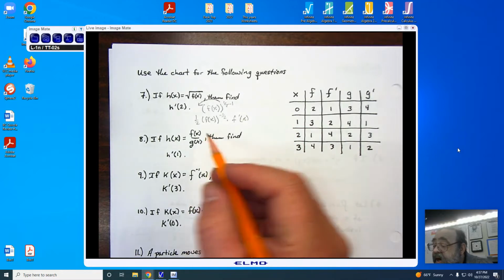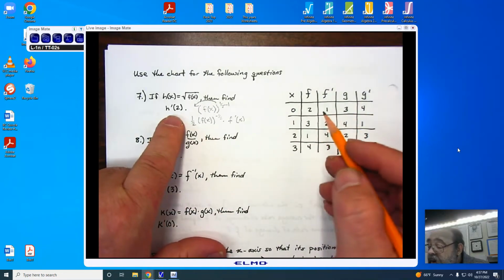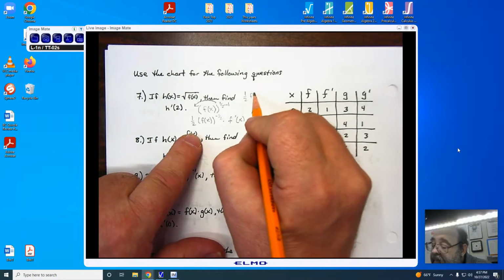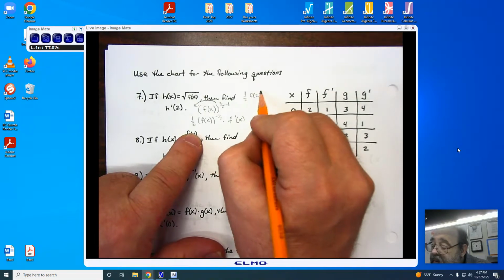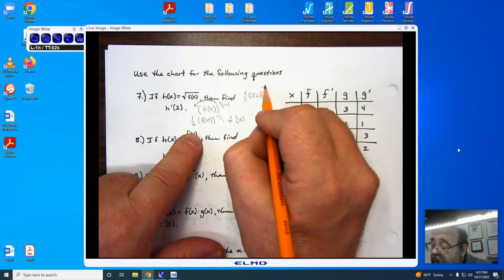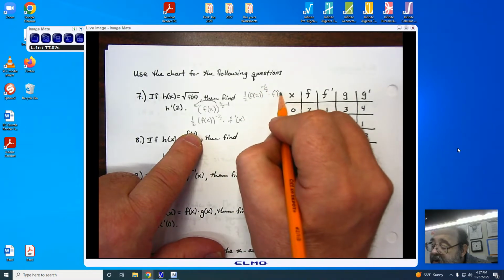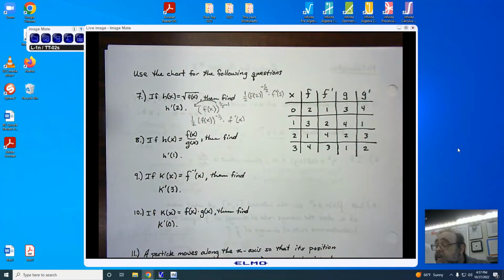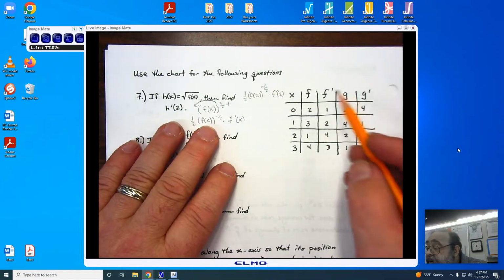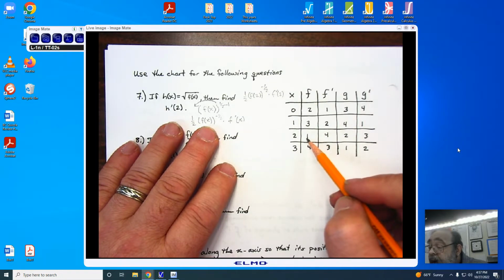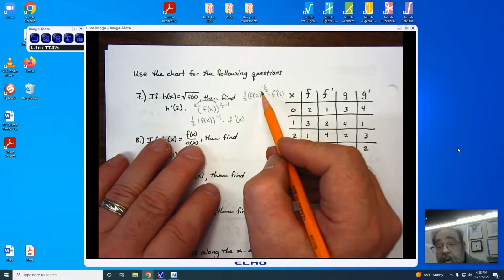It is with this that I can now plug in the 2. So I'm looking at 1/2 of f of 2. This is to the negative 1/2 power, and I'm multiplying it by f prime of 2. So when I find what is f of 2, f of 2 turns out to be a 1, and we know that the 1/2 power is a square root.